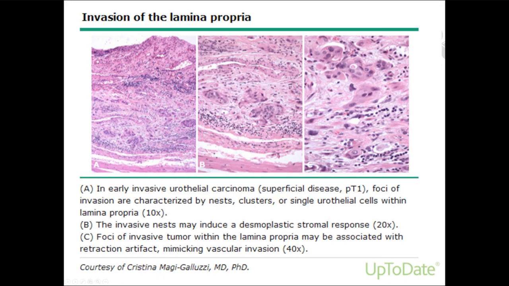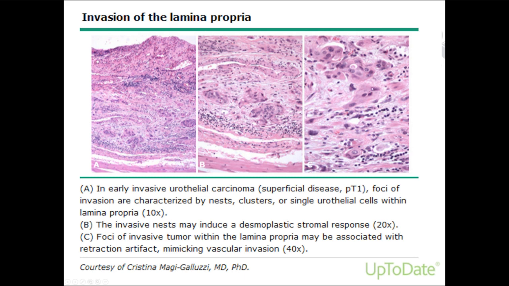So as an example, if you look at this photomicrograph, which shows early invasive urothelial carcinoma, which is superficial disease, pT1, you can see these nests of invasive carcinoma which may create a desmoplastic response.